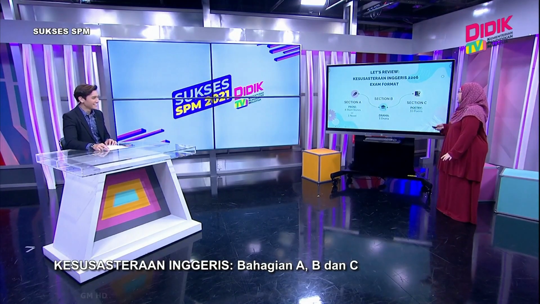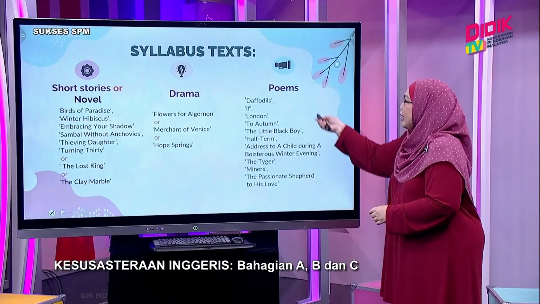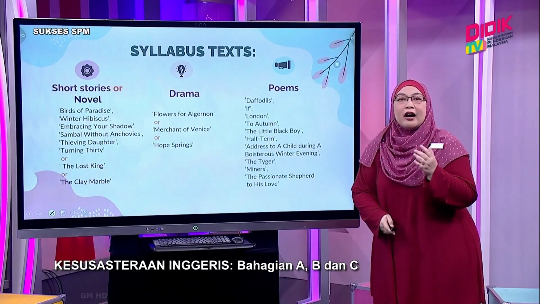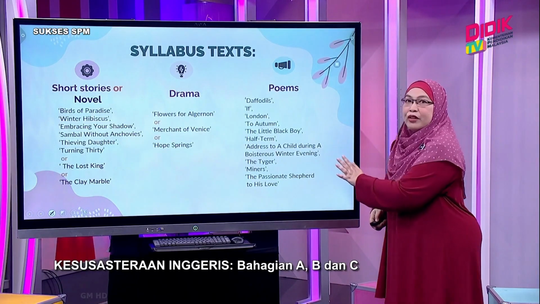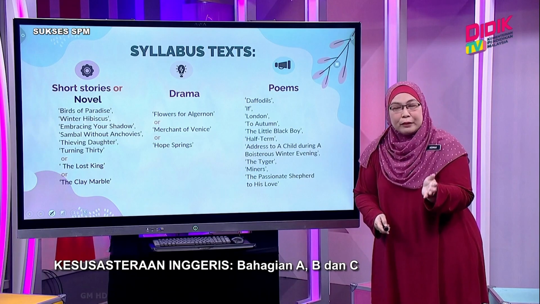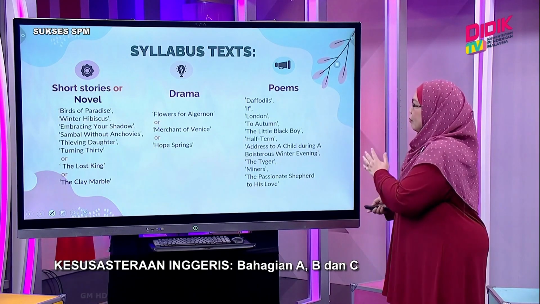Then after that, in section B, you've got 1 drama to answer. And then in poetry, these are the 10 titles. So that's a quick overview of what candidates will be preparing for their battle on 22nd of March.